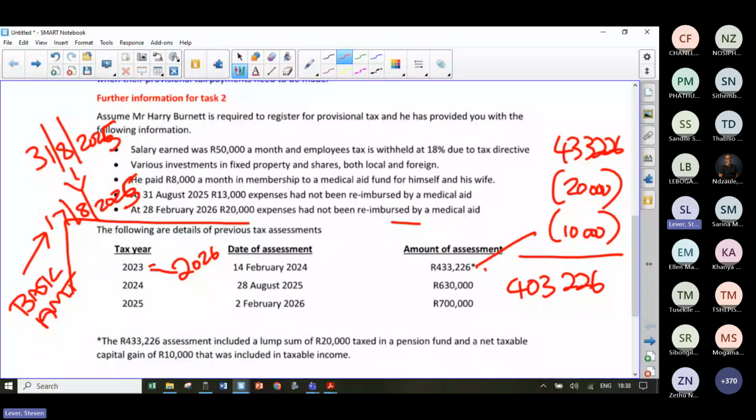I am 3 years behind. So the way that it works, guys, is that if you are more than 18 months behind, you need to add 8% simple interest for each year that you are behind.